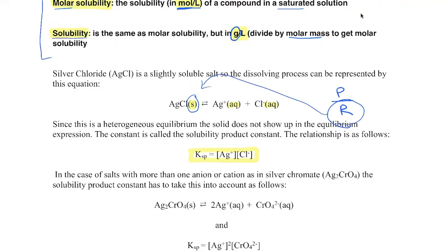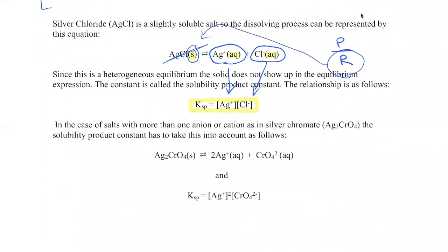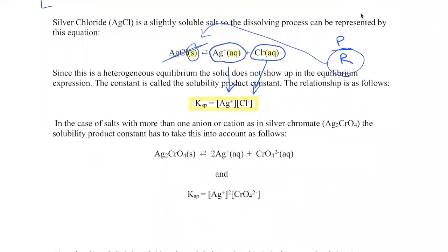Because it's a solid, we don't include it in our KSP expression, so there's no denominator, it's just over 1, so we don't need to write anything. We just have our products written as ions. You should include the charge of the ions, and that would be our KSP expression, or the formula for how we would determine KSP. In this particular reaction, there are coefficients of only 1.